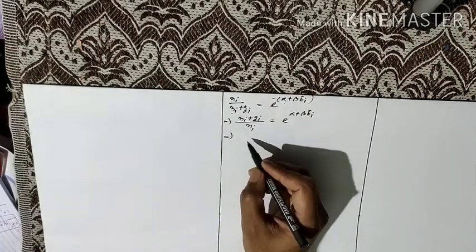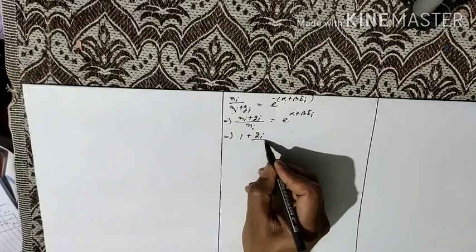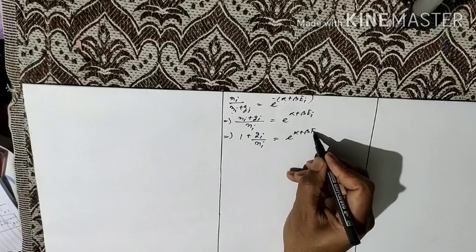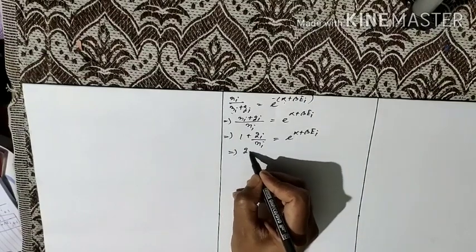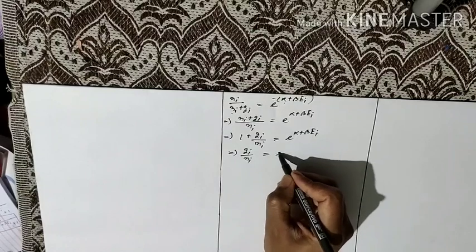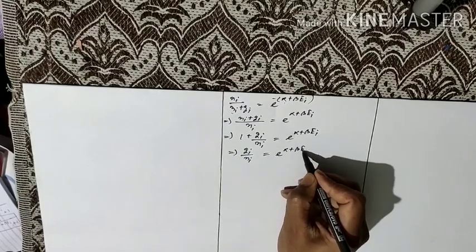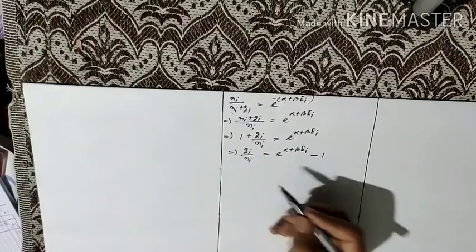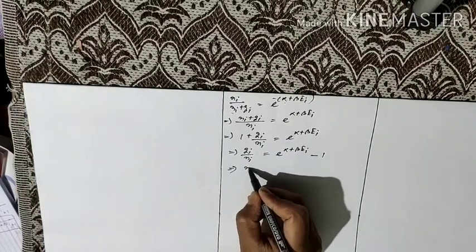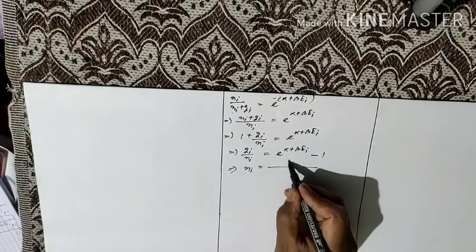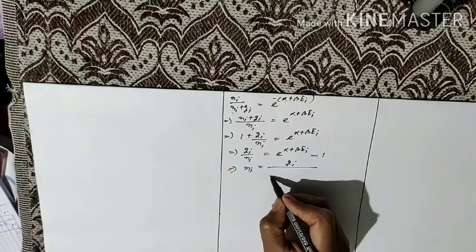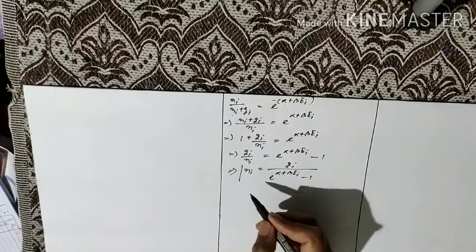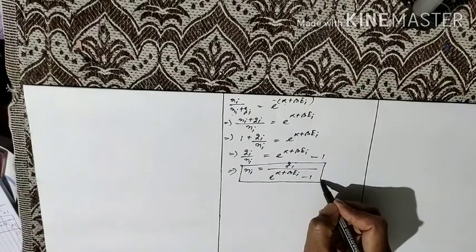So this will be 1 plus gi by ni is equal to e to the power alpha plus beta ei. So gi by ni is equal to e to the power alpha plus beta ei minus 1. So ni is equal to gi by e to the power alpha plus beta ei minus 1. This is our Bose-Einstein distribution law.